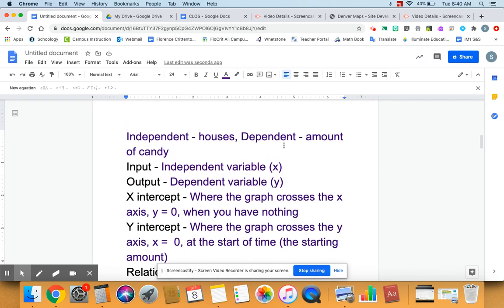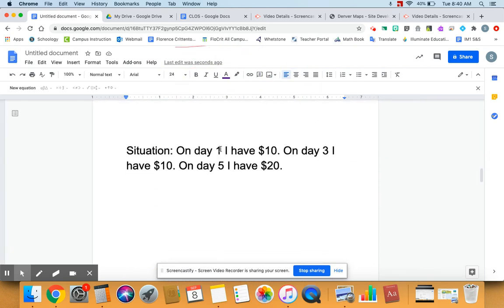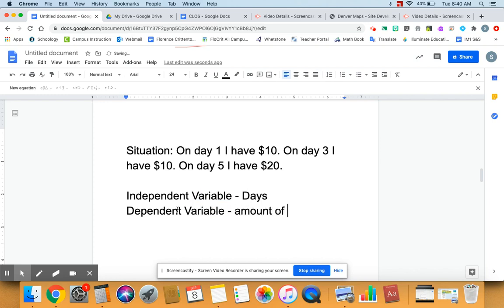And the independent variable in this situation is the days that have passed. So the days are the independent variable, and the dependent variable is that amount of money. So the x is the days, and the dependent variable is the amount of money.